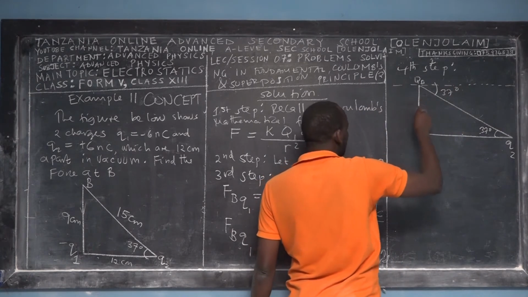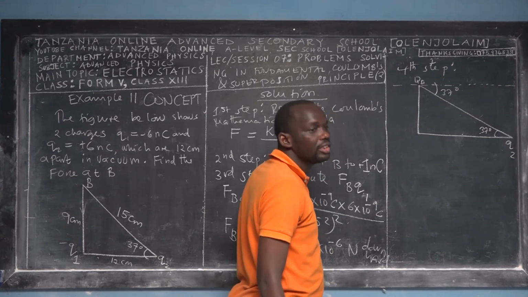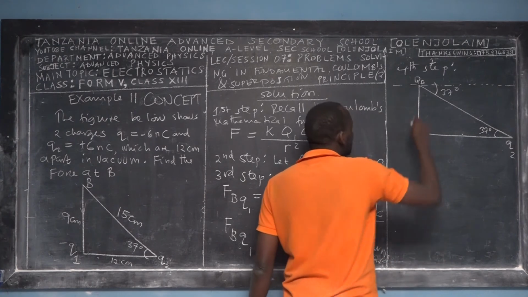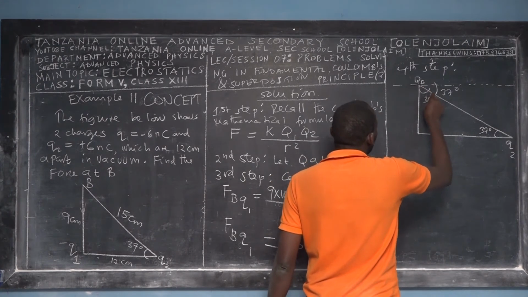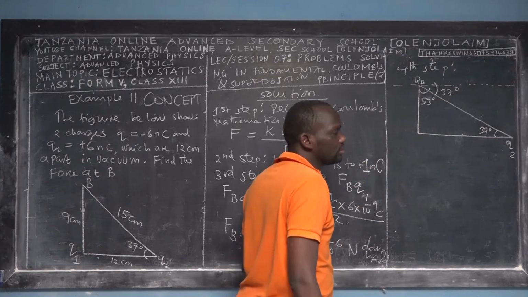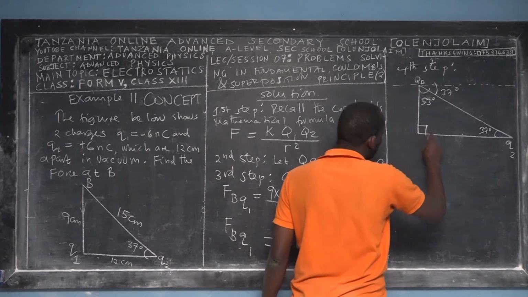But we know that the total from here to here is 90, right? 90 minus 37 is equal to what? 53. So this is 53 degrees, and this is 90. So the issue of angle is very important.